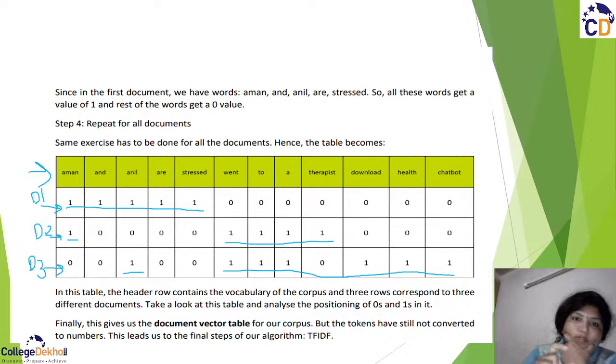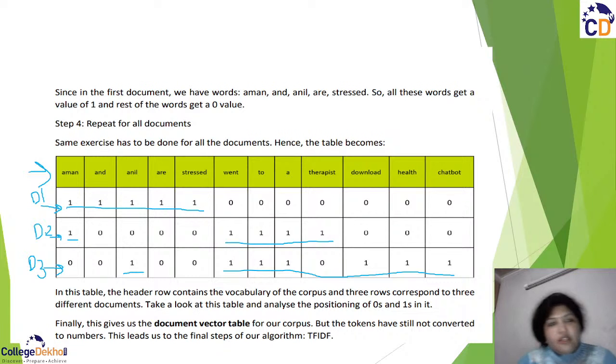Once your document vector table is ready, then you apply another algorithm, that is TFIDF, right? We will be talking about TFIDF in the next session, and I will explain it with the same example, continuing with this session. So hope you have liked this session.